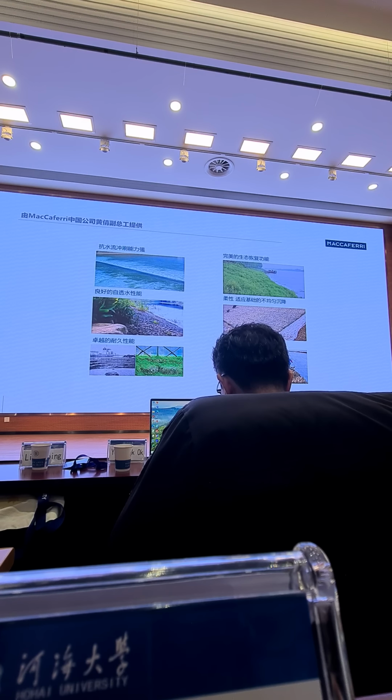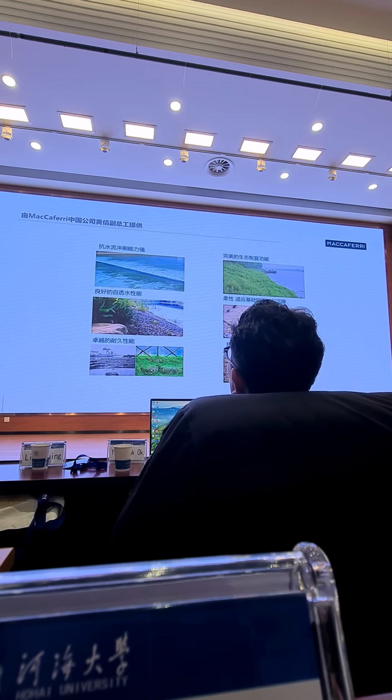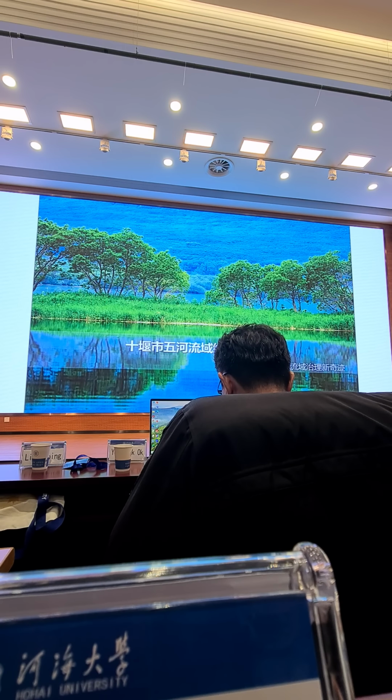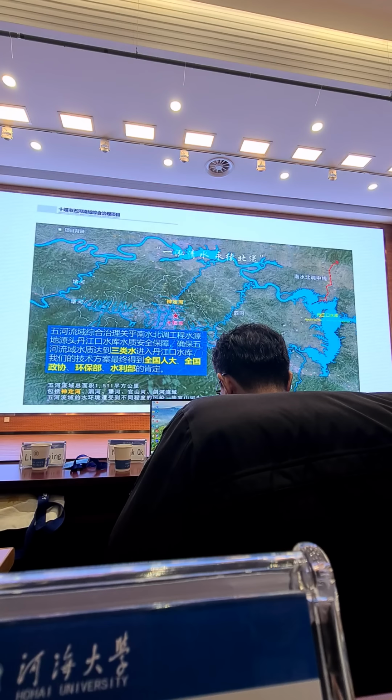One of the cases in China is the Chongqing Guangdang ecological restoration. We have also done work on what they call the South-to-North water diversion, looking at the Danjiang water reserve area.